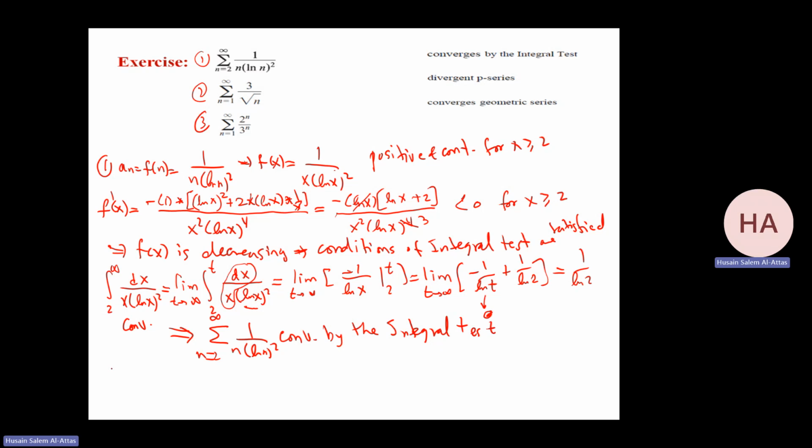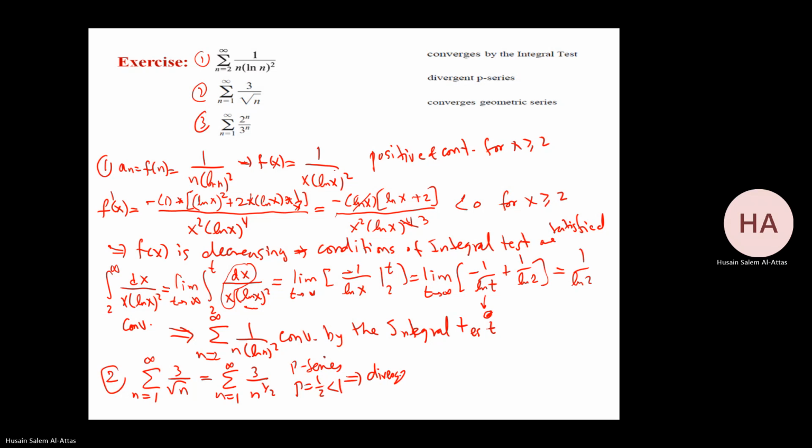Okay, 2. I don't need the integral test in this case, where I have the summation from n equal 1 to infinity of 3 over n to the power half. So this is a p-series with p equal to half, less than 1. So it diverges, which is a divergent p-series.